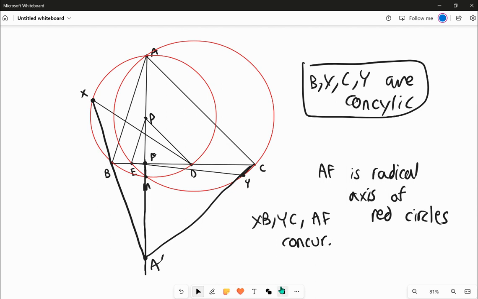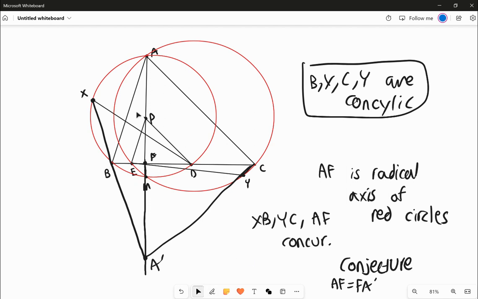Now we want to look at something special about this point A prime if we want to prove this. And we might see something off the bat. A prime is a reflection of A across F. So the conjecture is that AF is equal to FA prime.